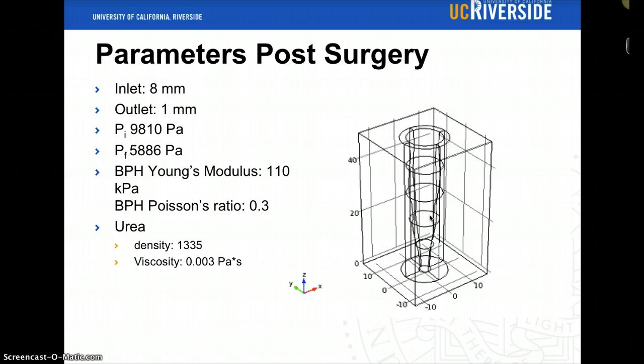After the surgery, there is an increase in availability of flow. The surgery is supposed to remove the diseased prostate. And so the Young's modulus changes, it's a bit softer, the tissue is softer, and the Poisson's ratio remains the same.